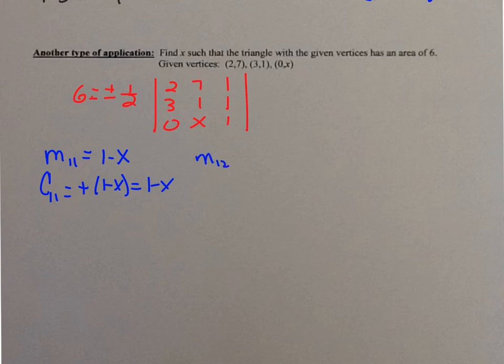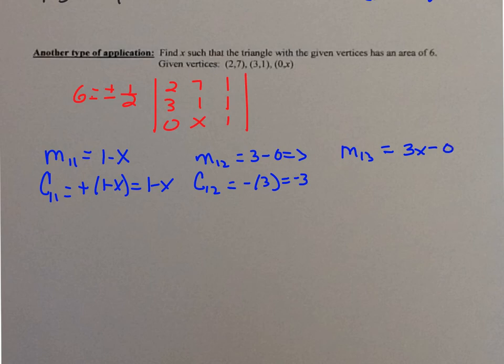All right, minor 1,2. Minor 1,2 is going to be 3 minus 0, which is 3. So my cofactor 1,2 is going to be negative 1 to the third power, which is negative 1, times 3, which is negative 3. And my minor 1,3. Minor 1,3 is going to be 3 times x is 3x minus 0 times 1, which is 0. So that's just 3x. So my cofactor 1,3, negative 1 to the fourth power is positive 1, times 3x, which is just 3x.